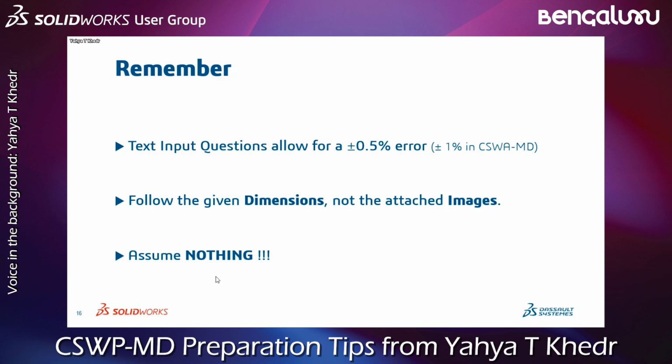So if the dimension says 100 millimeters, that doesn't mean that when you design it and put it as 100 millimeters, it's going to be the exact same size in terms of pixels on the screen as the exam question, because they have one model per part, and the values can change, but they're not going to save a new screenshot for every single person who takes the exam. So yeah, that's pretty much it. Focus on the information that you take from the images, not on the images itself.